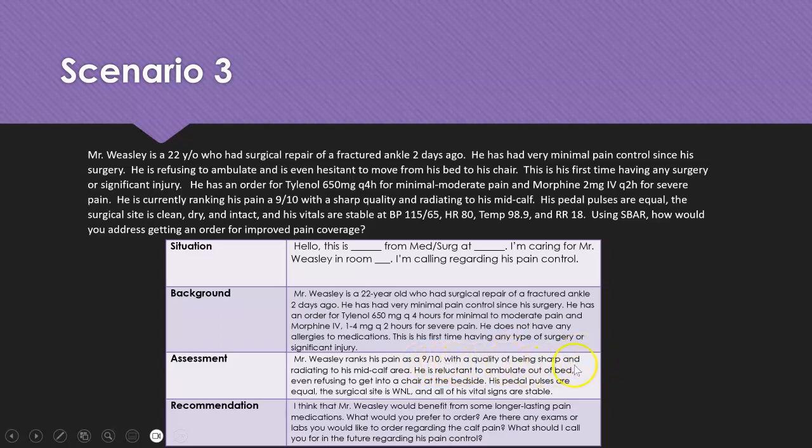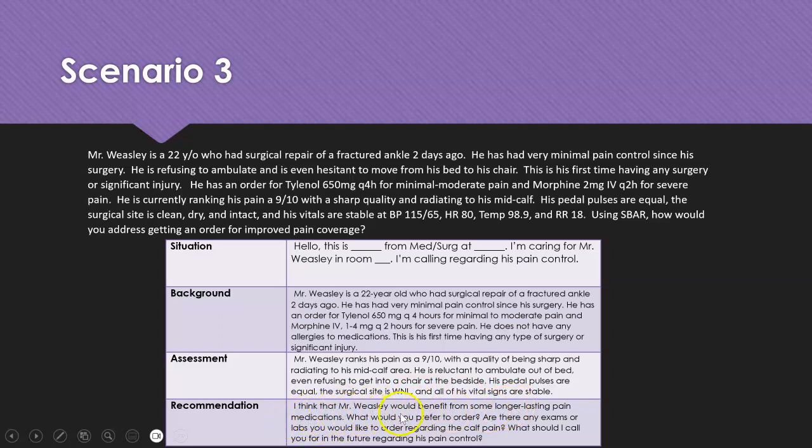And you're describing the pain, PQRSTU, and how it's doing. It's radiating. He is reluctant to ambulate, even refusing to get out of the chair. You're saying the pedal pulses are good, so there's circulation, and how the vital signs and everything are.